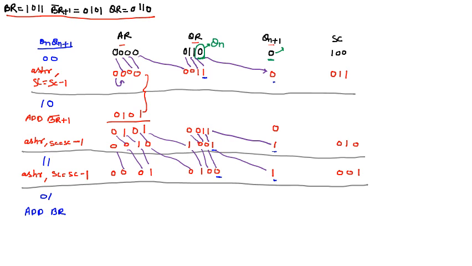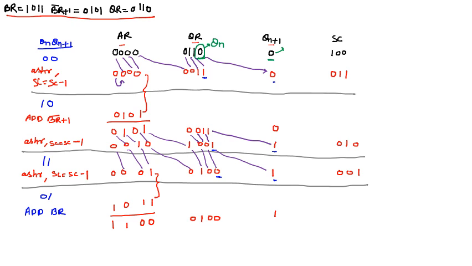So let's add this number BR. The value of BR is 1 0 1 1. So 1 0 1 1. So perform the addition between these two numbers. 1 1 0 carry 1, 1 1 0 again carry 1, this 1, this 1, and this number remains intact.